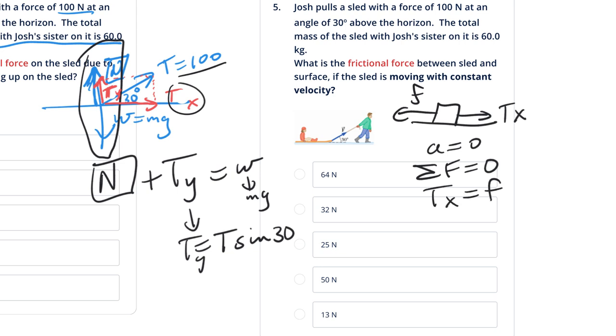So if you find Tx, which would be T cosine of theta, you've got what the friction is. The tension is given right there, as it was before.